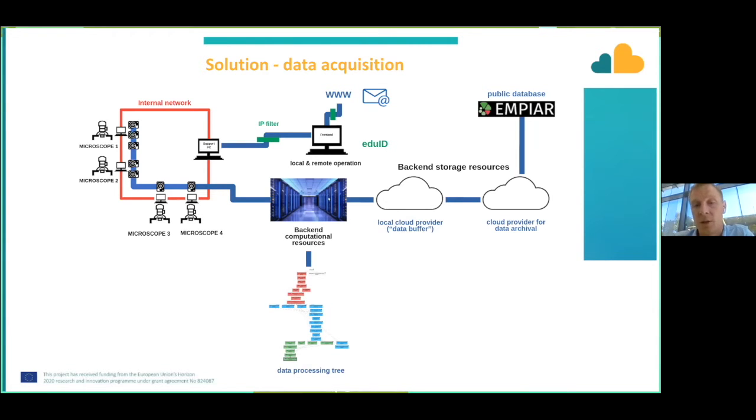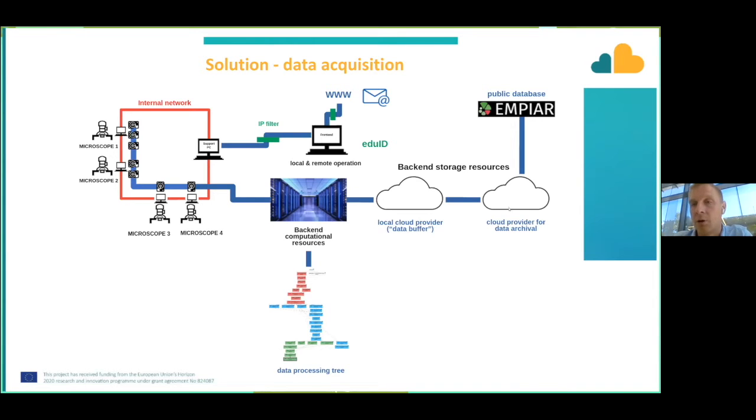This backend computational resource is usually part of the local cloud provider, and the whole solution is based on the federated cloud that, apart from this local cloud provider, also contains other cloud providers that, for instance, are optimized for data archival.